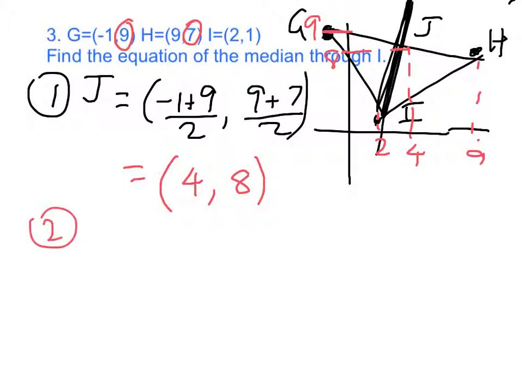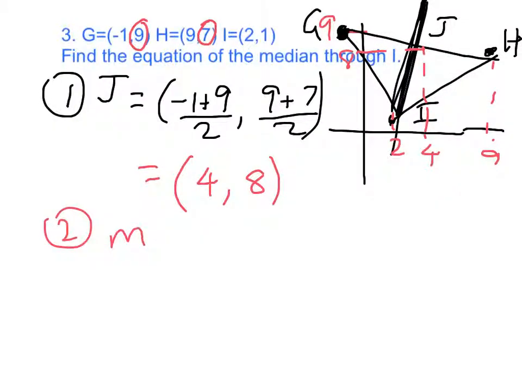Next step, we want to find the slope. Okay, we're looking for the slope of IJ. So we'll just write that the other way around. Sorry, something going on with the stylus here. Sorry about the little break in recording. So m of IJ is going to be this slope here, right? And that's going to be quite a steep positive number.